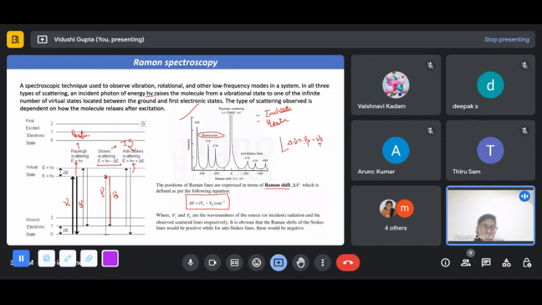So this is the value of the Raman shift in case of the Stokes line, while for anti-Stokes the value of Raman shift will be this. So you just have to remember these two formulas. This is for the Stokes line and this is for the anti-Stokes line.